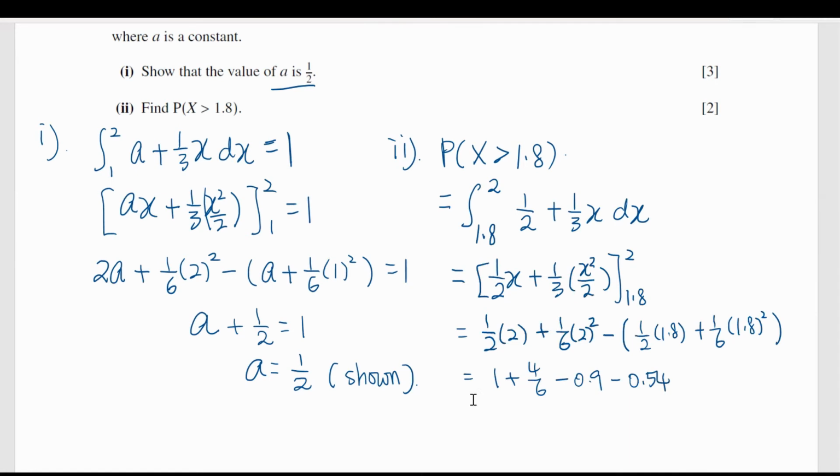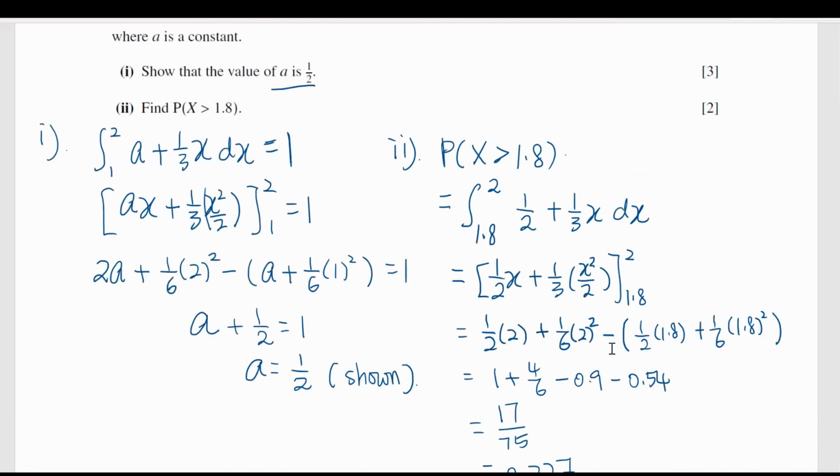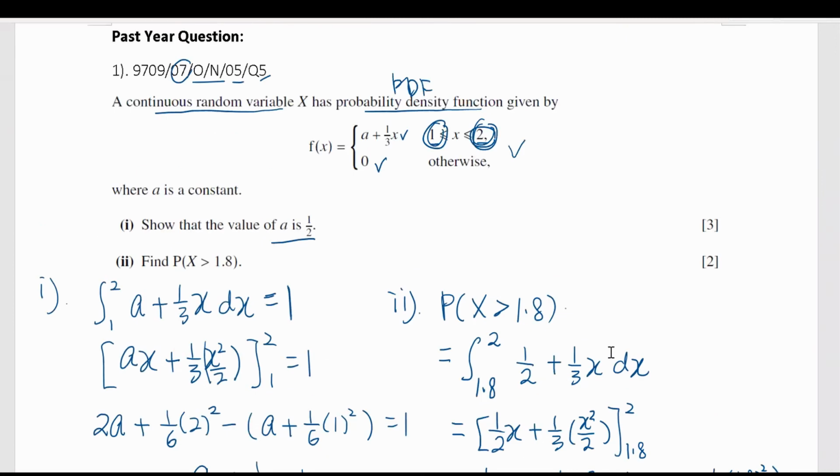Okay, so we found the value 17 over 75. Or you can put your answer as a decimal number, 0.227, rounded off to 3 SF. Okay, so we found the probability. So these are the workings we need to do when we are answering questions about PDF. Okay, let's see the next question.